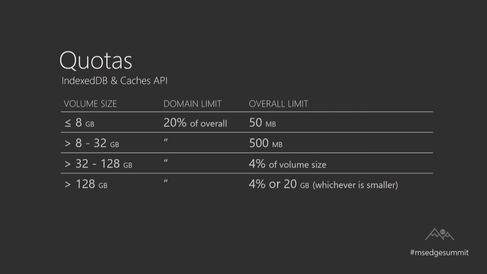You're still going to have the overall limit, though, based on the device size. Obviously, you want less space for smaller devices. At the same time, note that now we're also including caches here and the service worker script files, which are all part of the same quota system. So it's not disparate between IndexedDB and caches. It's all in one, much like what you'll see in Chrome and Firefox and the other browsers.